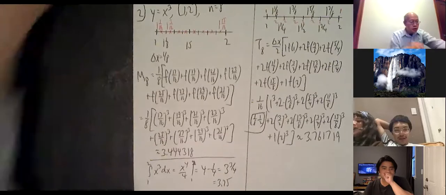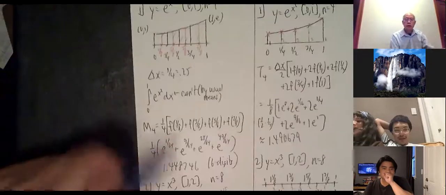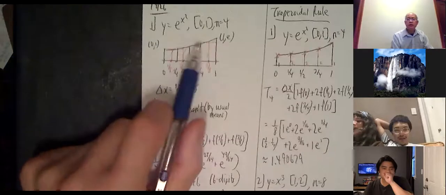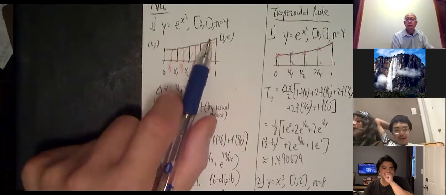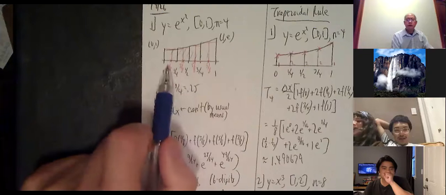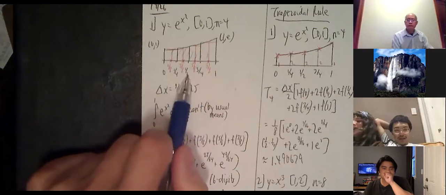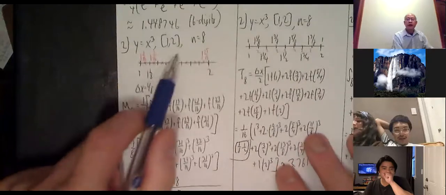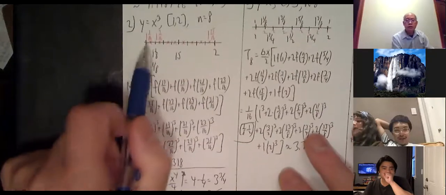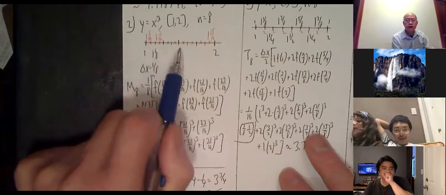A little side note. Here we chopped it up into n equals 4. How many midpoints are there? 1, 2, 3, 4. N equals 4, 4 midpoints. N equals 8, there were 8 midpoints.